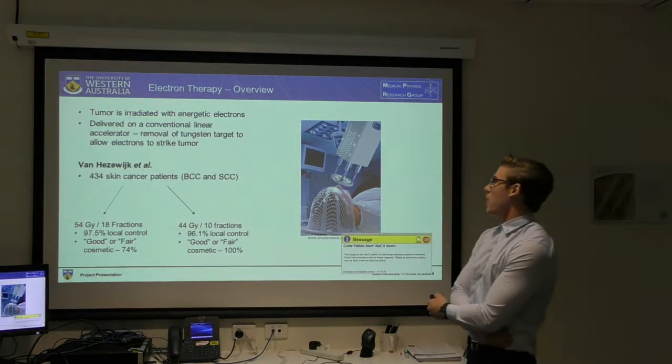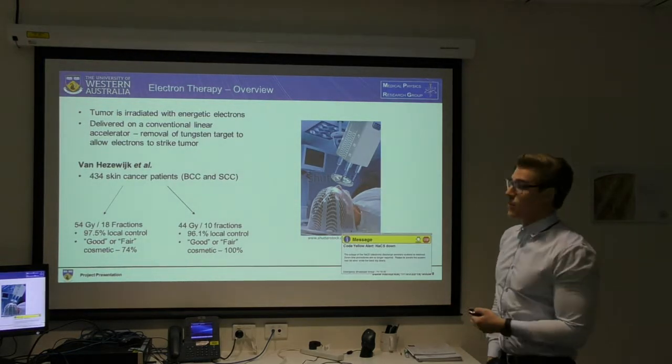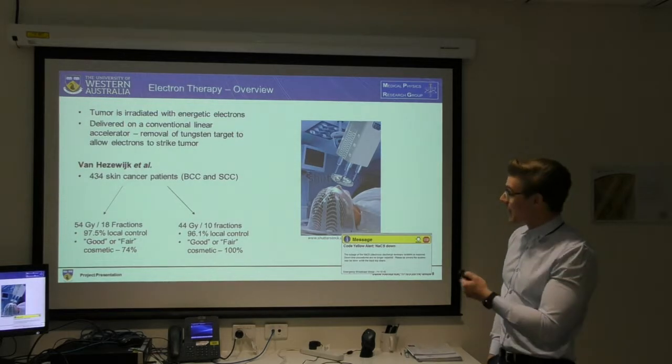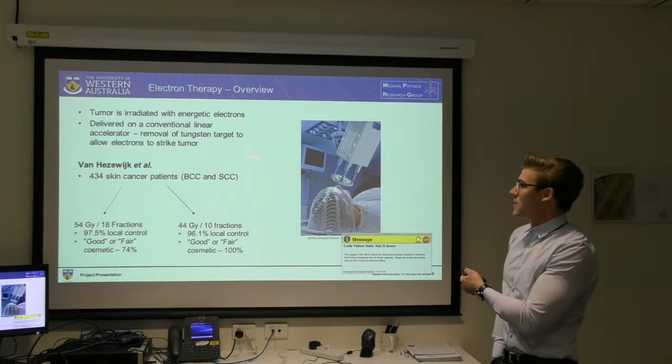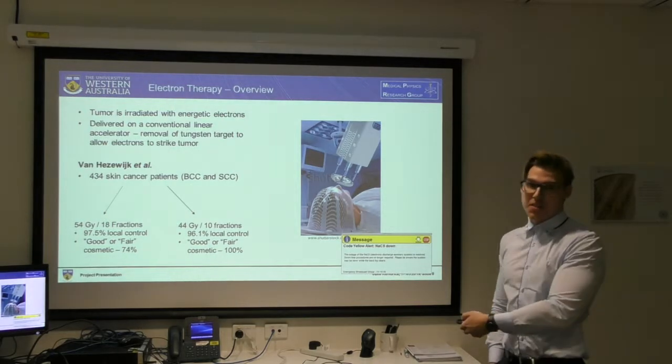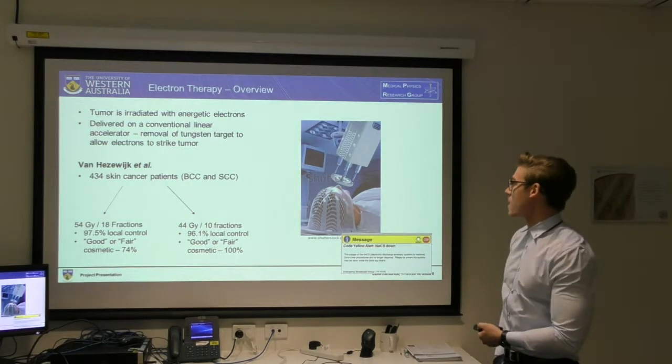Briefly with electrons as well, in this case the tumour is irradiated with energetic electrons. It is also delivered on a conventional linear accelerator, but the removal of the tungsten target allows the electrons to continue on and irradiate the tumour that way.